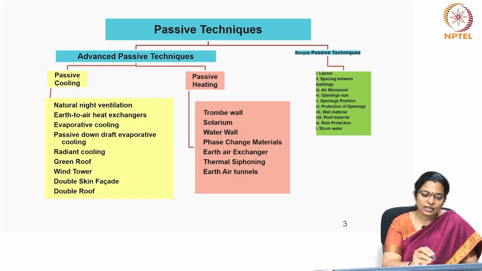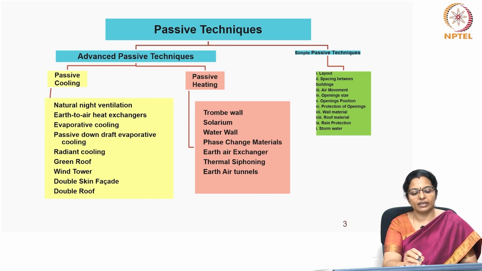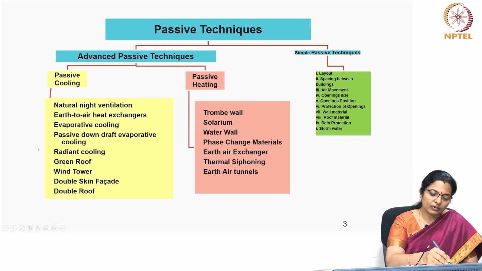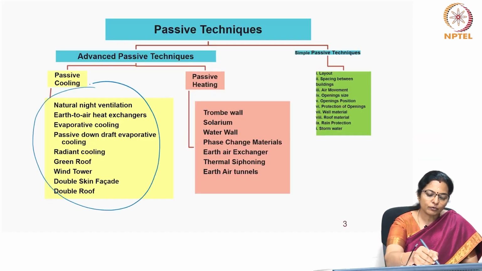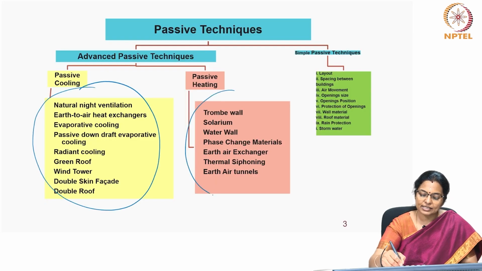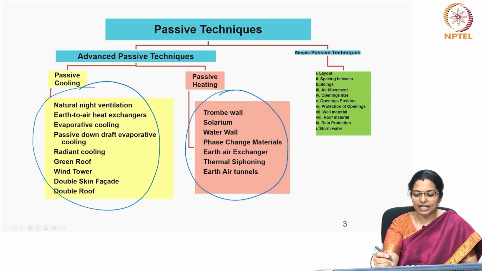Under advanced passive strategies, you have passive cooling and passive heating strategies. So, we have been looking at some of the passive cooling strategies and some of the passive heating strategies.